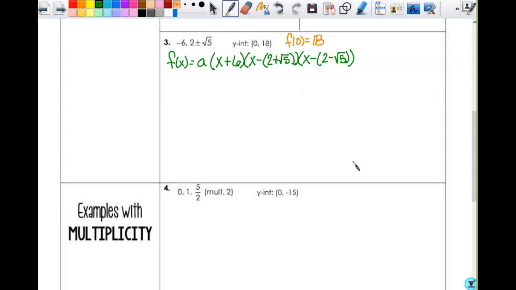Okay, good. All right, so now I'm going to distribute this negative. So I get f of x equals a times x plus 6 times x minus 2 minus the square root of 5, and then x minus 2 plus the square root of 5.